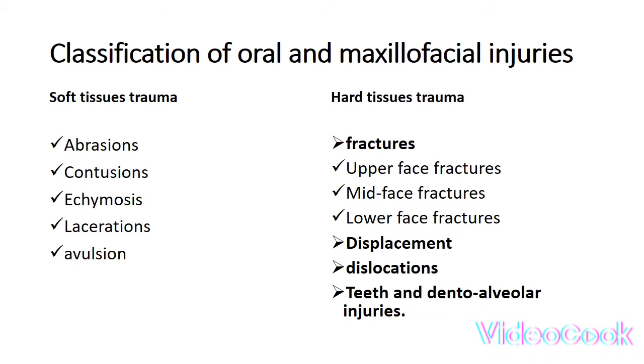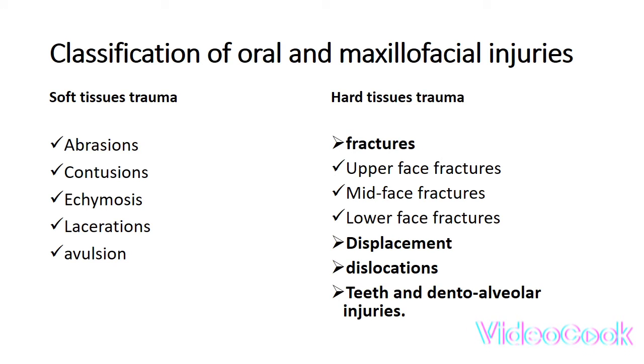So on classification of oral and maxillofacial injuries, we have soft tissue trauma and hard tissue trauma. On soft tissue we have abrasions, contusions, ecchymosis, lacerations, and avulsion. Then on hard tissue we have the fractures.